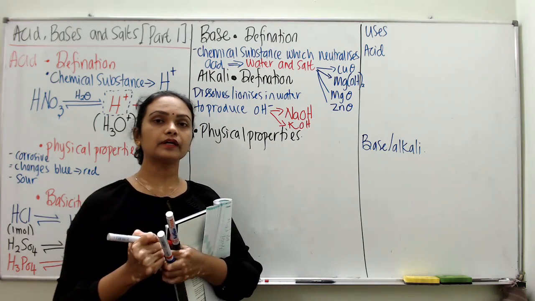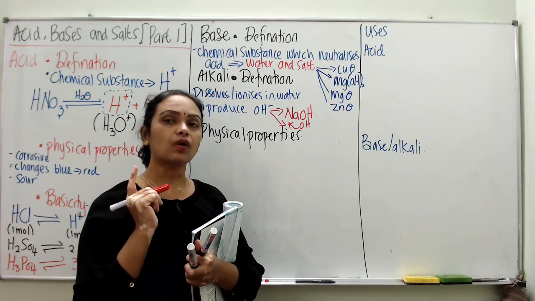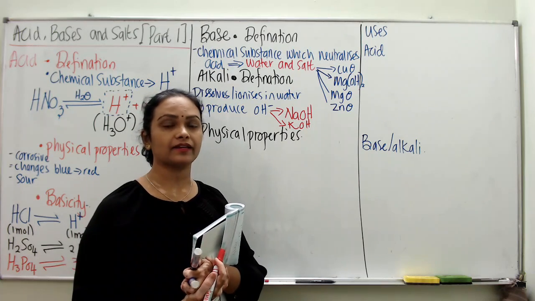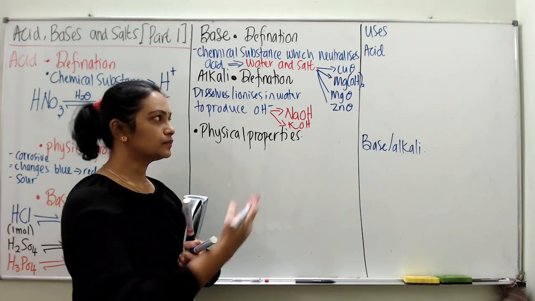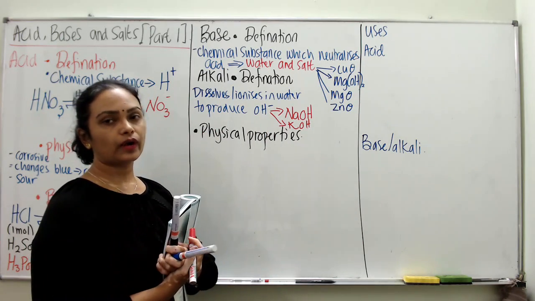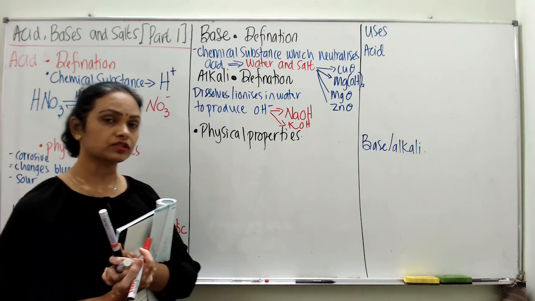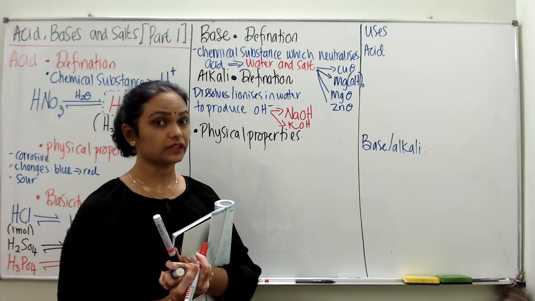Since you've learned about the periodic table of elements, group 1 metals are some of the strongest alkalis. That's why we say group 1 metals are alkalis. But group 2 metals sometimes produce bases. The majority of them are bases, for instance calcium oxide and magnesium oxide. They are bases because they cannot dissolve in water.